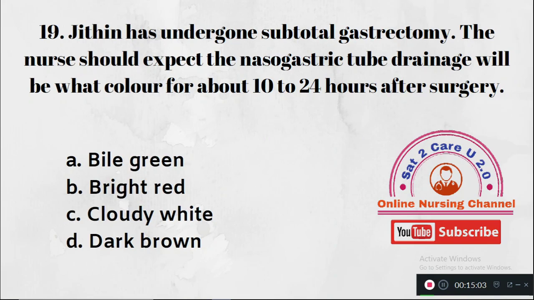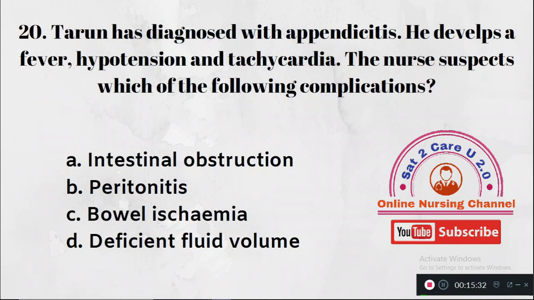Which color will you expect? Option A, bile green. B, bright red. C, cloudy white. Option D, dark brown. Right answer is dark brown color. If it is noticed, that indicates a normal finding.